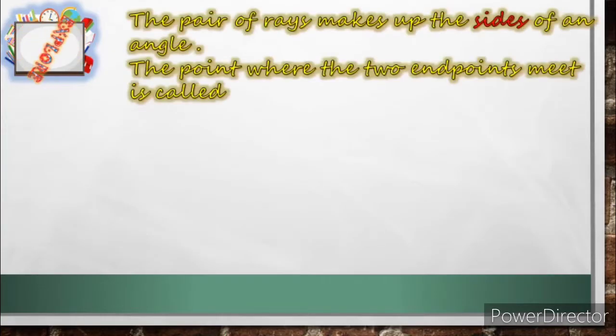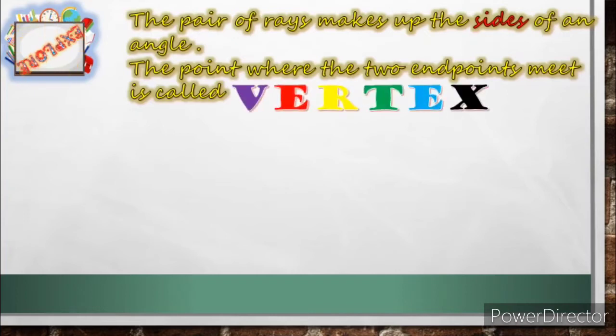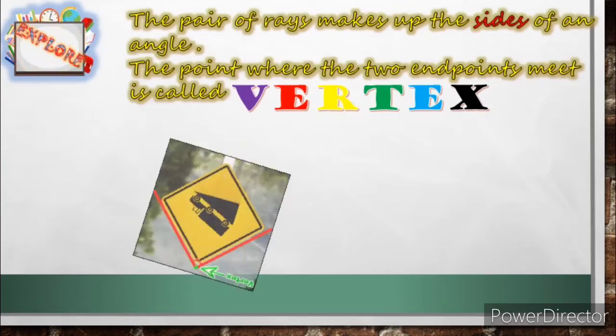Let's explore. The pair of rays makes up the sides of an angle. As what we tackled earlier, two rays make up the sides of an angle. The point where the two endpoints meet is called the vertex. Again, the point where the two endpoints of the rays meet is called the vertex.